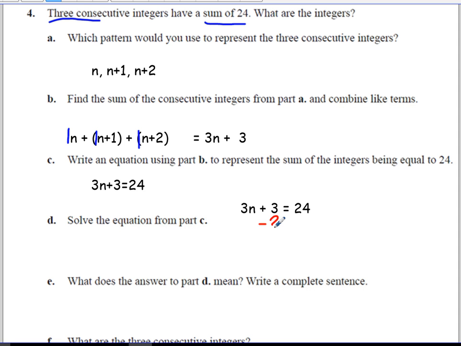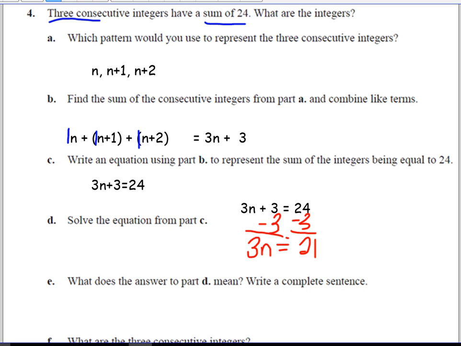This 3 is being added, so we'll subtract it, which means we have to subtract 3 from the other side as well. And when we do that, 3 minus 3 is 0. So we'll bring down our 3n. Just fix my n. So 3n equals 21.